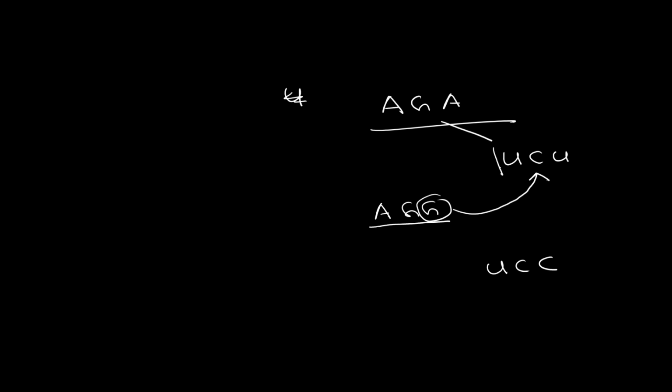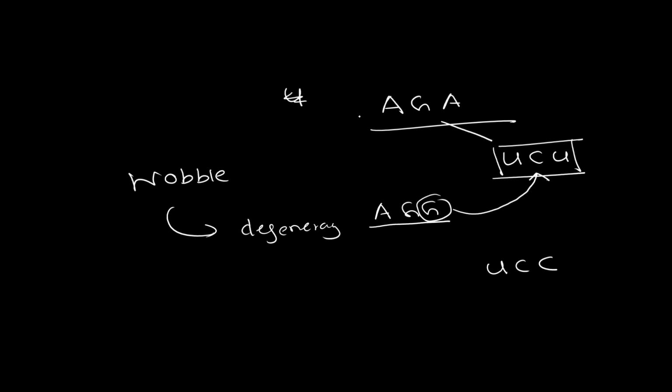It can be bound by the anticodon which is in fact specific for AGA. This is known as the wobble phenomenon, because it can wobble about a bit in the third nucleotide. This is the phenomenon that will lead to degeneracy. Therefore, both AGA and AGG, both of these codons, will code for arginine.